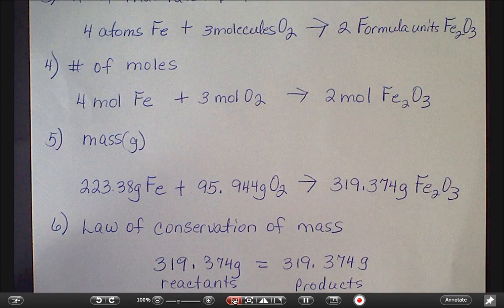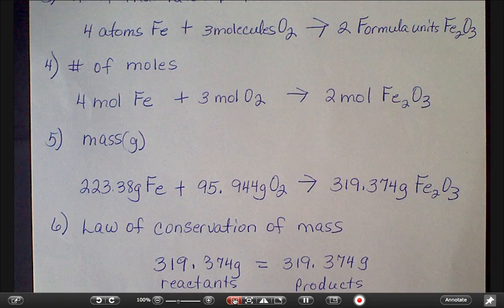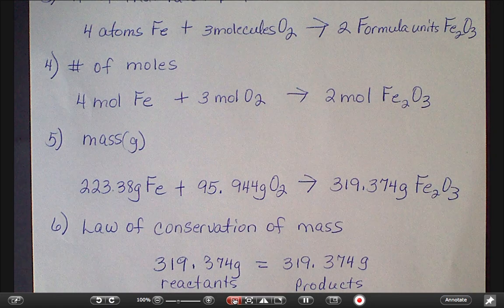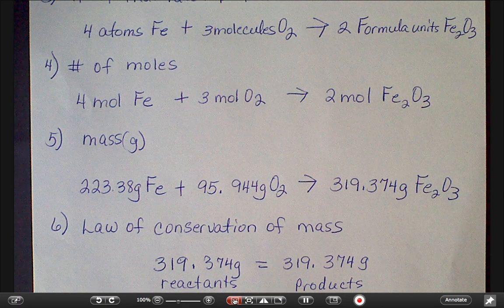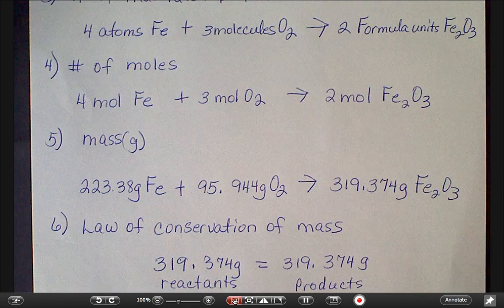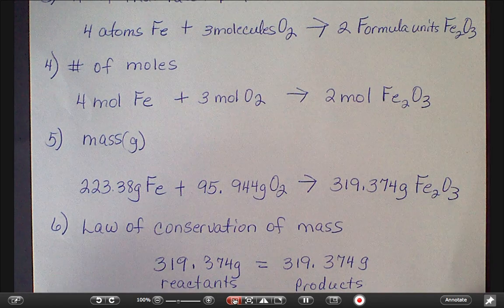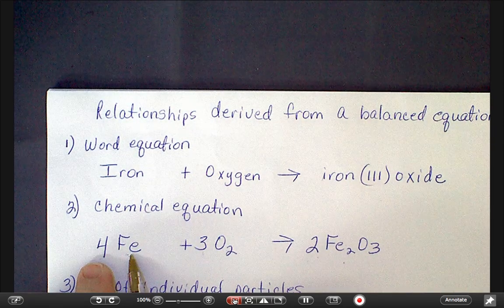Okay, all of these relationships come from a reaction. Okay? Questions? Will the reactants and the products always equal to each other? The mass in grams, absolutely. Because it's a balanced equation. And I want to take you back and look at this. Do you see that we have 4 irons on the left?